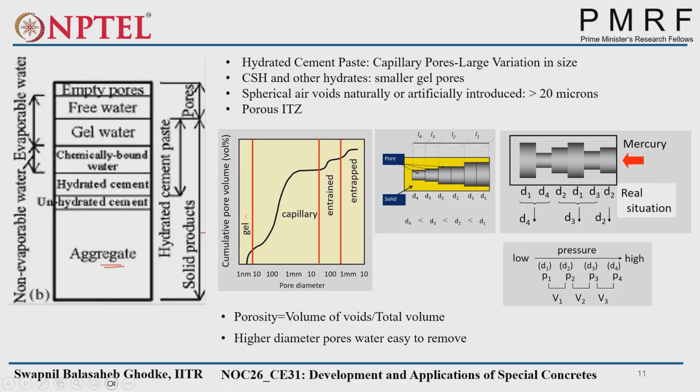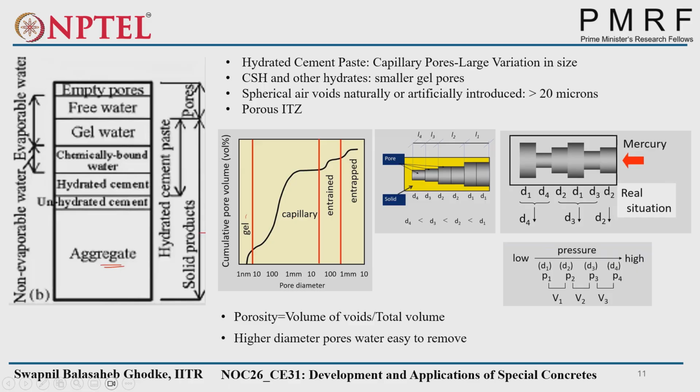If you see in the lecture also, this example has been given. We have different types of pores, or different diameter pores, D1, D2, D3, and D4. Okay, and this is the solid matrix. So D1 is greater than D2, greater than D3, greater than D4.